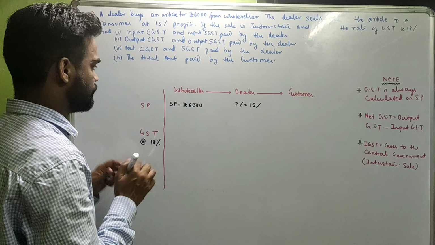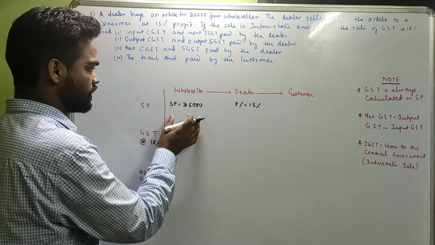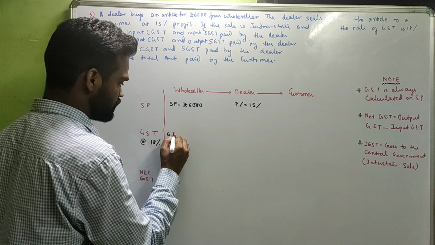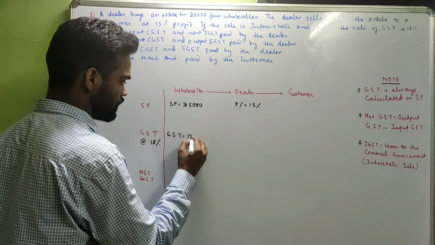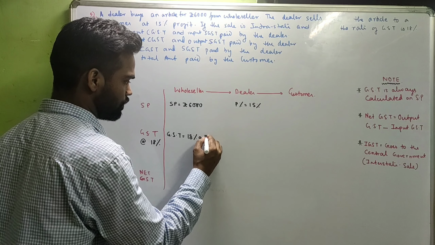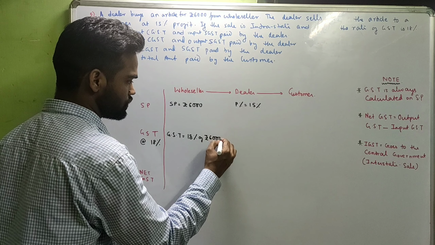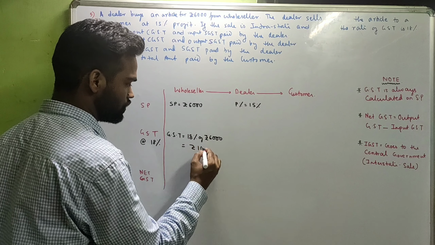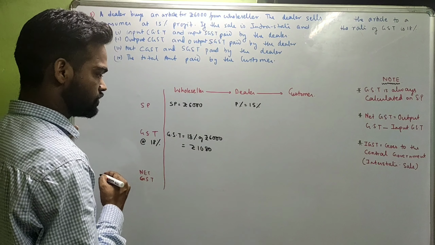Step by step, look over here. For the wholesaler, SP is given, we'll find GST. GST is 18%. So over here GST will be 18% of rupees 6000, which is rupees 1080, isn't it?